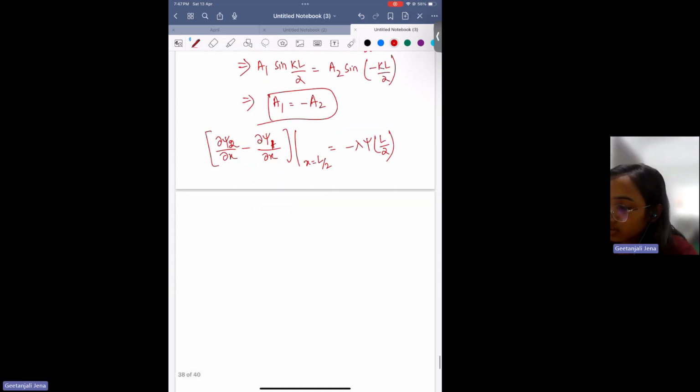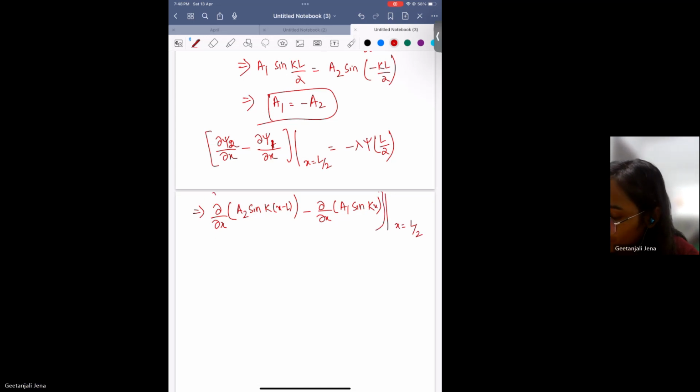So this is the discontinuity condition. Now you have to put in the values of psi2 and psi1. So d/dx of A2 sin k(x minus L) minus d/dx of A1 sin kx at x equal to L/2 equals minus lambda psi at L/2, which is nothing but A1 sin(kL/2).